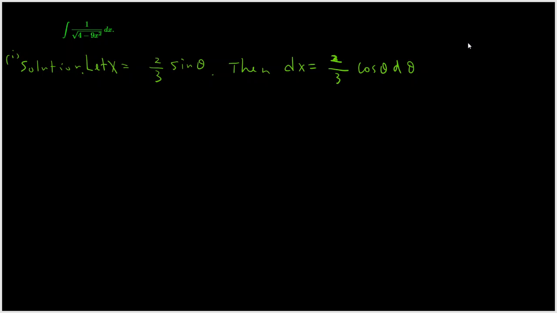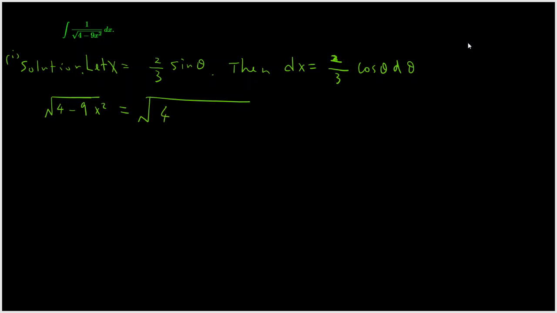Then you do something to get rid of the radical. Wherever you see the radical, you copy the radical. The radical is the square root of 4 minus 9 x squared. At this time, I'm going to be a little careful. Wherever you see x, you replace x with 2 over 3 sine of theta.